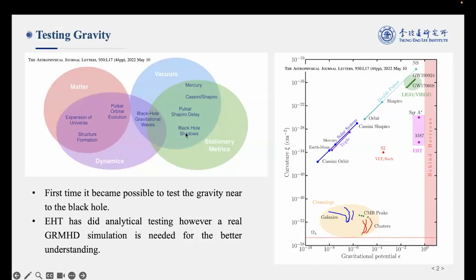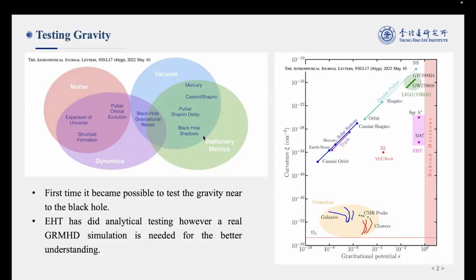So as you can see, the black hole shadow is only sensitive to the stationary metrics and the vacuum solution of your Einstein theory or any other gravitational theory, and we don't need to care much about dynamics and matter around it. That's why it is much easier to test gravity theories, and we want to understand whether the future observations have the capabilities or not, and also what is happening with the current EHT observations.